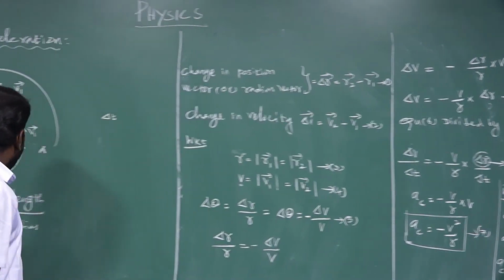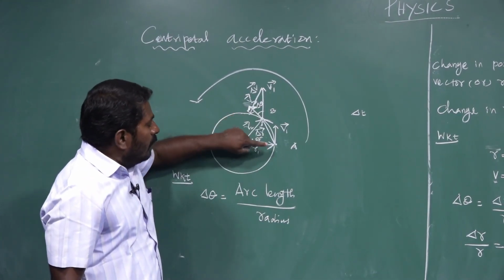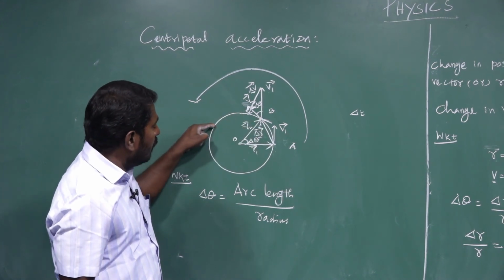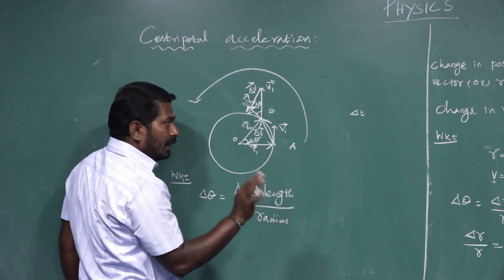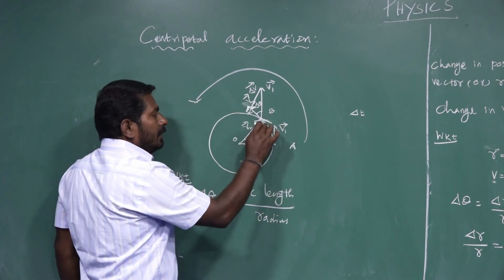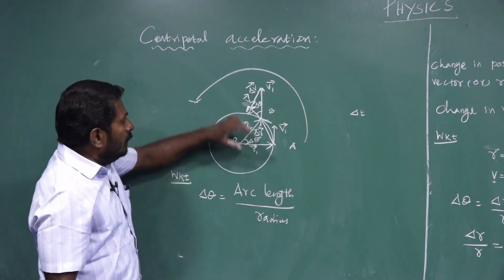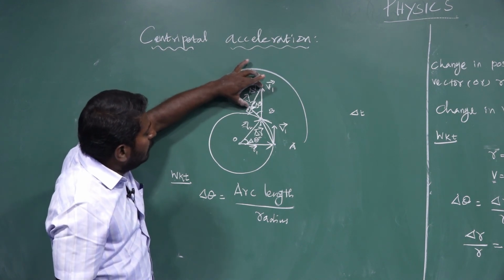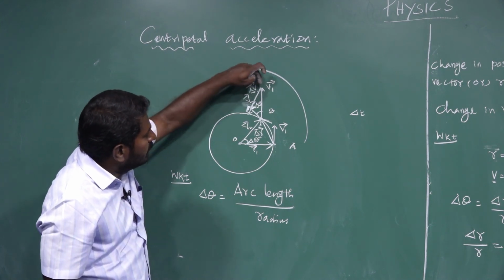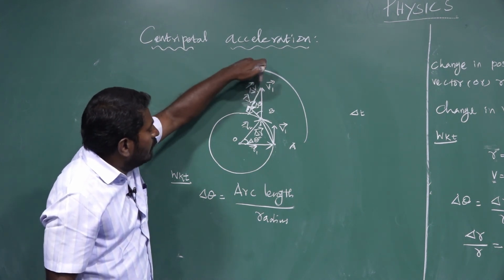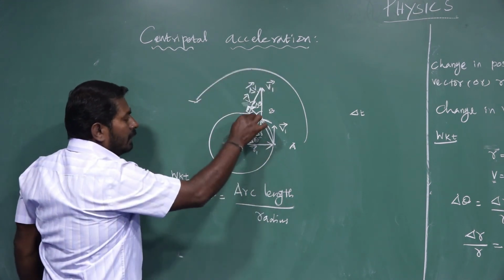If a point object is moving in a uniform circular motion, at every point on the circular path the magnitude of linear velocity remains constant. At every point on the circular path, the direction of linear velocity continuously changes. So due to the change in velocity of the point object, the object experiences acceleration, and the acceleration is directed towards the center of the circular path.